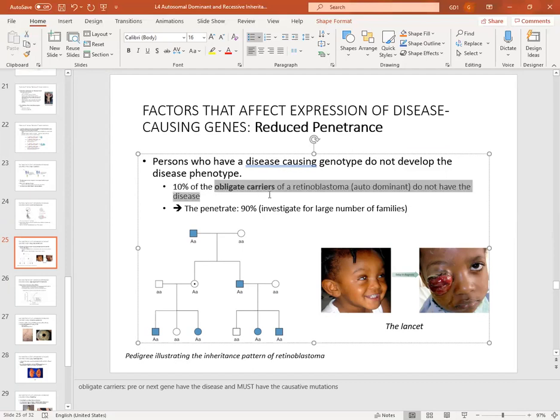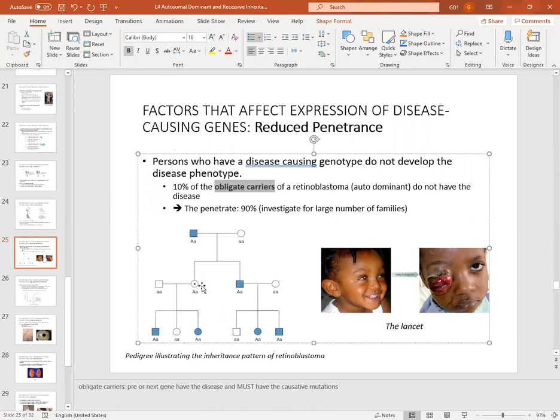Obligate carrier is the term for a person whose next generation has the disease and whose previous generation also has the disease. So he must have the disease genotype, because the next and previous generations both have the disease.